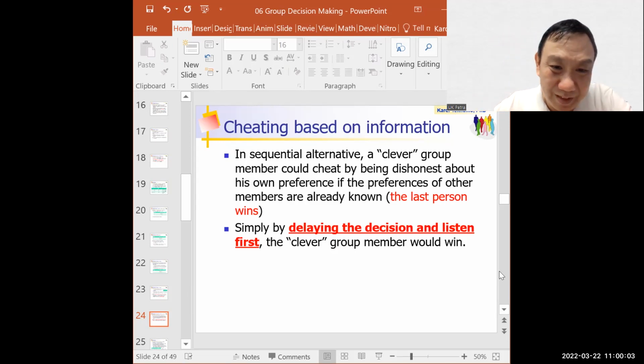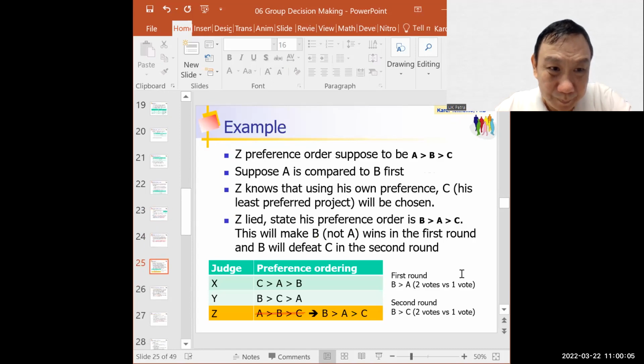So, let's take the example. This is the actual decision that we have.